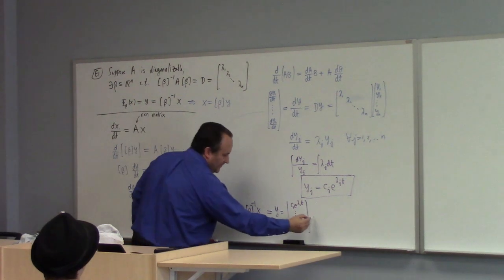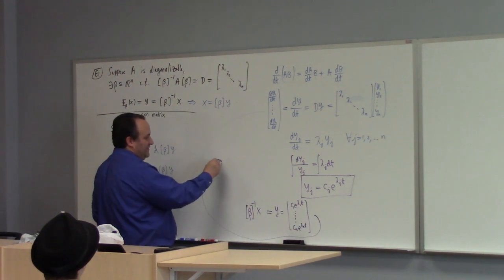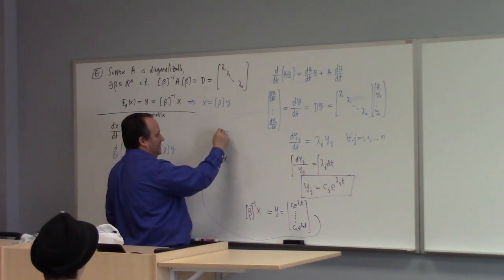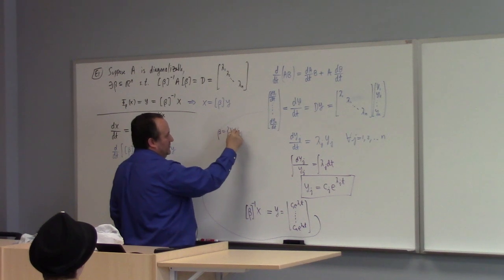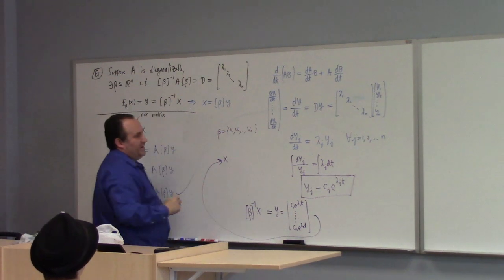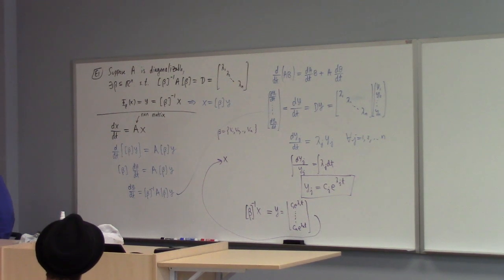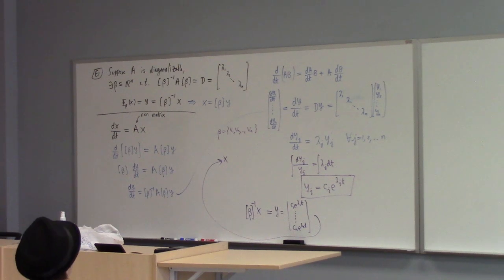So one more step, if you allow me this slightly circular argument, x is equal to, now if I let beta be v1, v2, vn, isn't that funny? We didn't even have to reference the specific eigenvectors in this argument up to this point. This is the first time I'm actually writing down the vectors that are in beta.